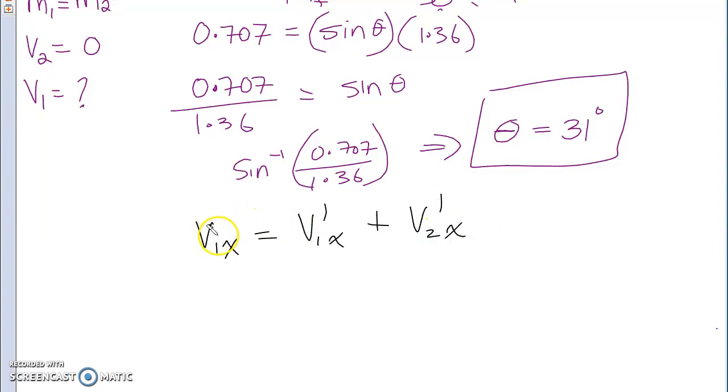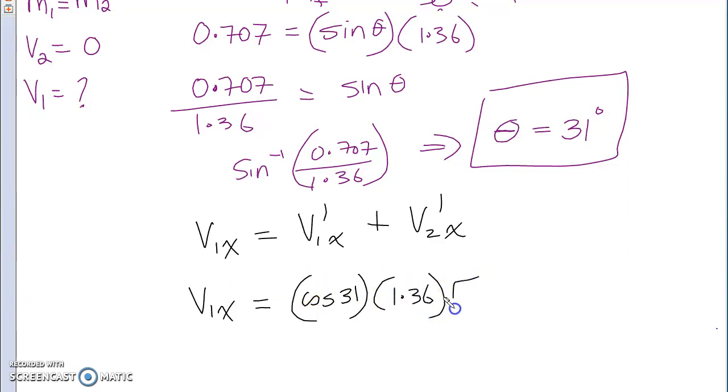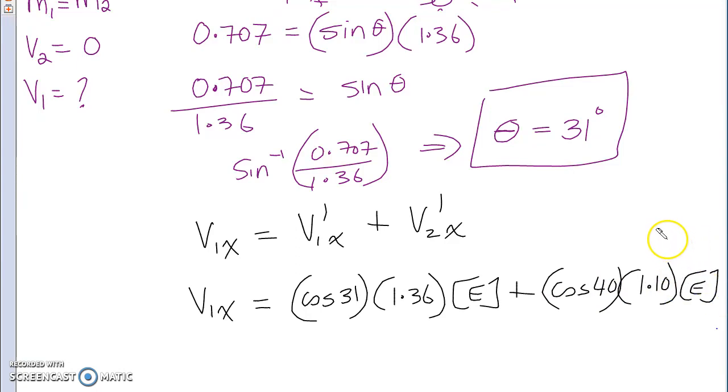Now we don't know what v1x is. We're looking for that. So v1x equals v1 prime x, which is the cos of 31 times 1.36, and that is going east, plus, again, cos of 40 times 1.10, and that is also going east.